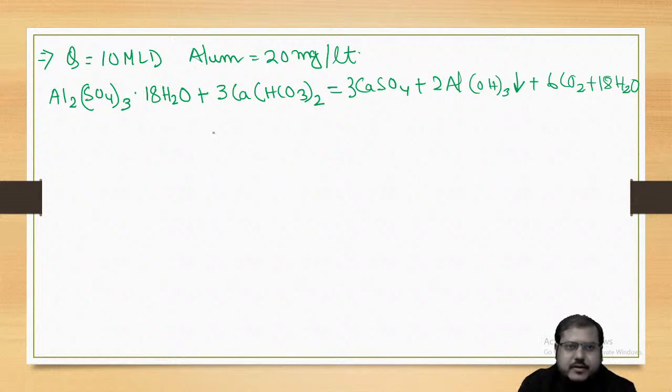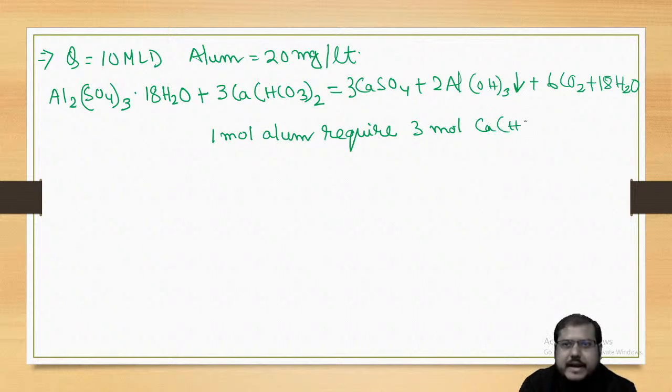So what is evident? 1 mole alum requires 3 mole calcium bicarbonate. 1 mole alum required 3 mole calcium bicarbonate, right?